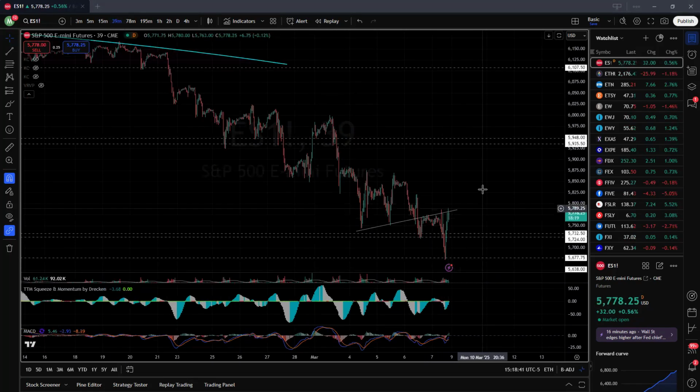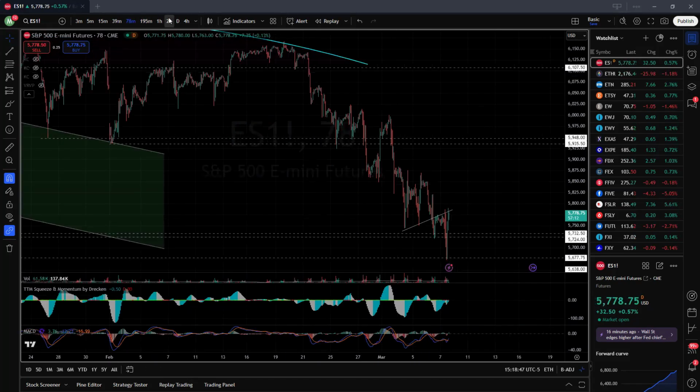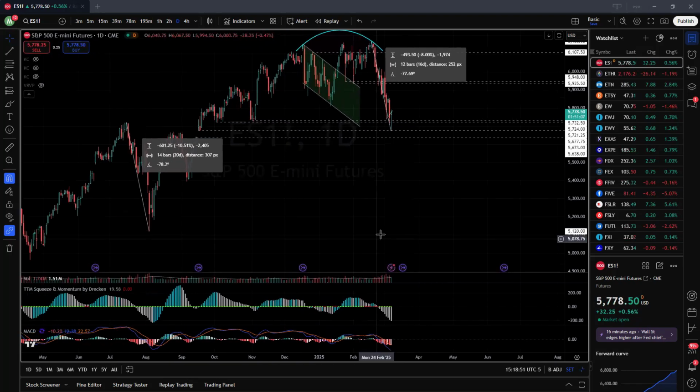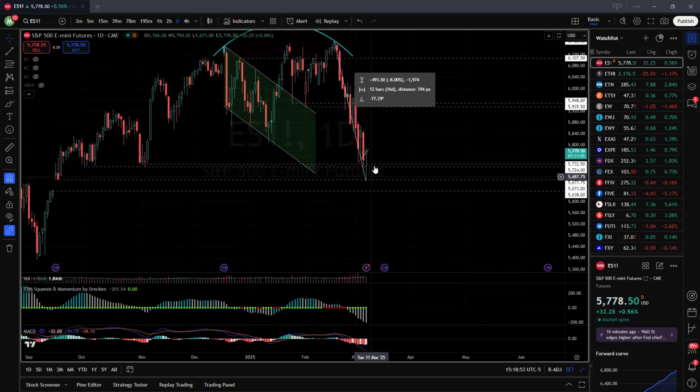You're going to start to see these higher lows show up on the 30-minute chart, then a 1 hour chart, and then all the way out to a daily chart, right? And this is probably going to take a couple of days to show up on the daily chart, but you can find it much sooner, or at least get some sort of a signal that things may be turning a little bit by looking for higher lows and higher highs on smaller time frames.